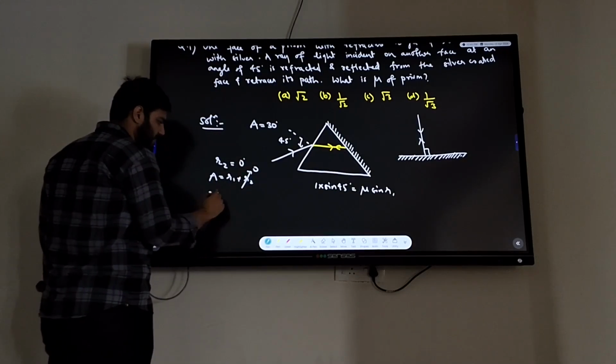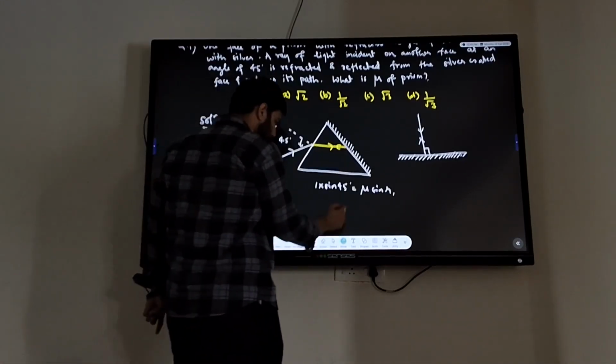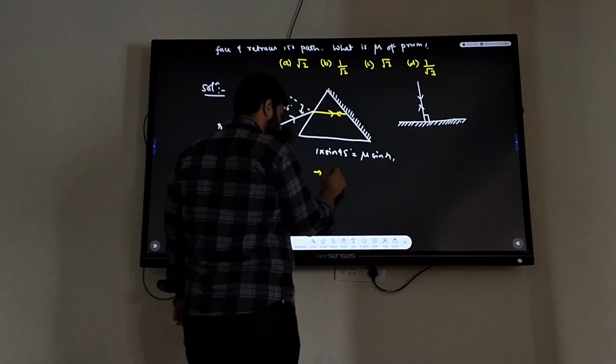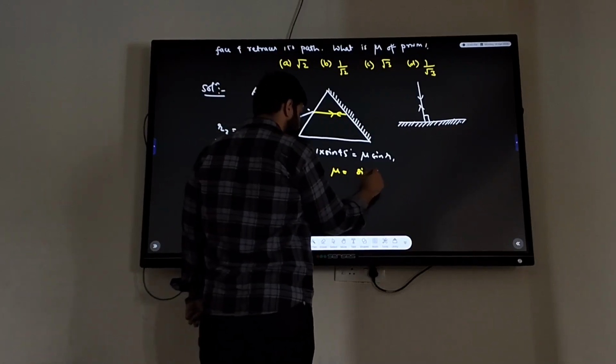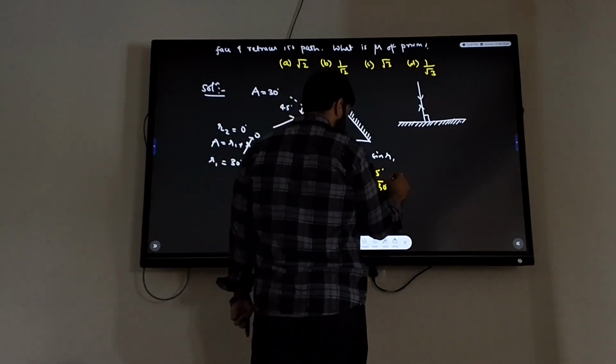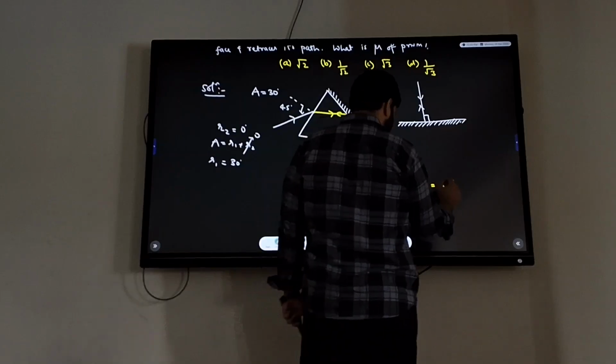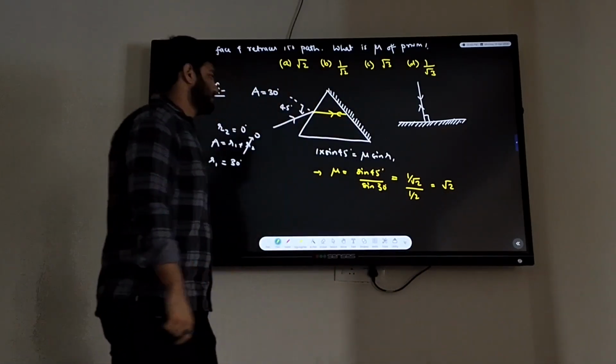So R1 becomes 30. Then I get my mu very simply. What is mu then? Sine 45 divided by sine 30. Can you tell me the answer? 1 by root 2 divided by 1 by 2. That's root 2.